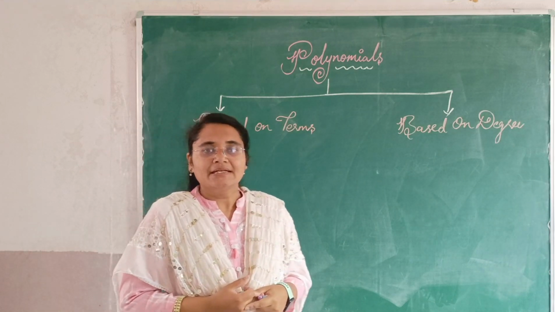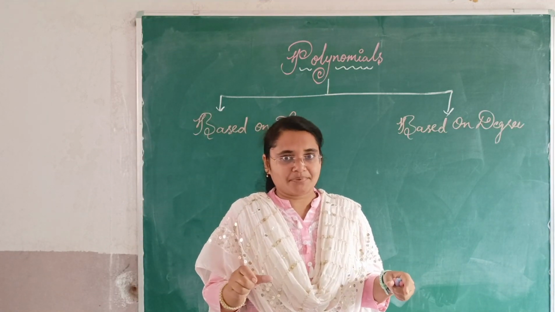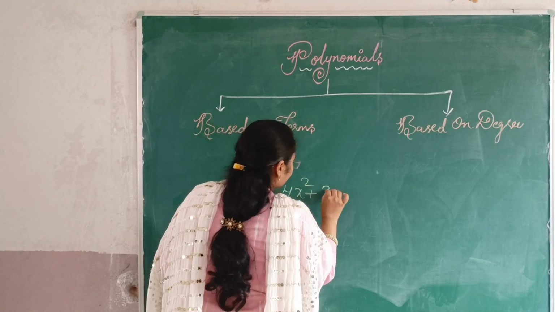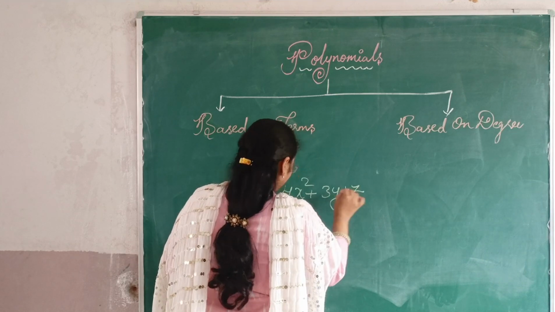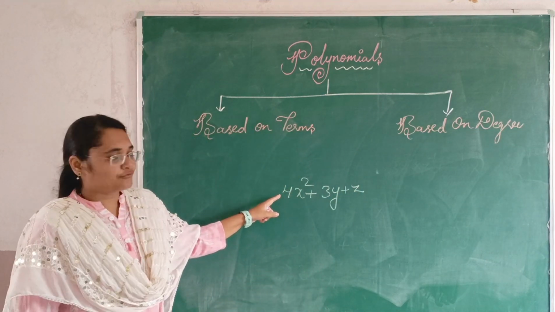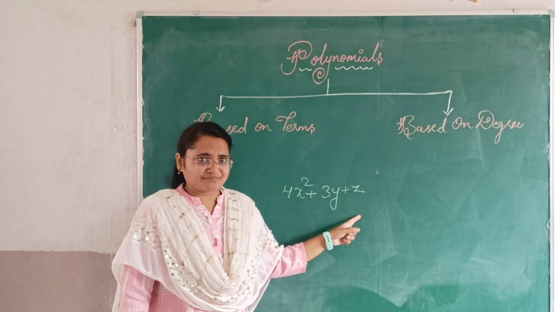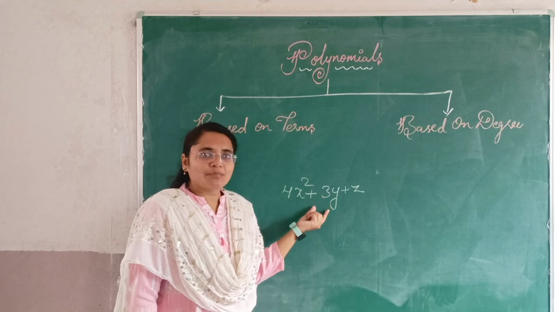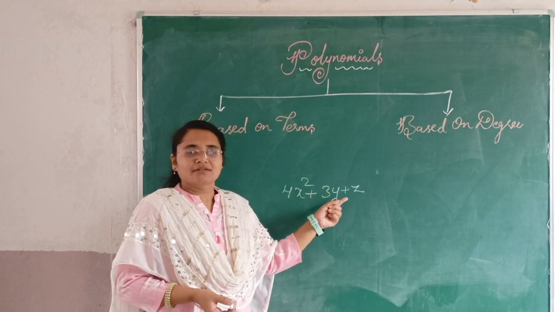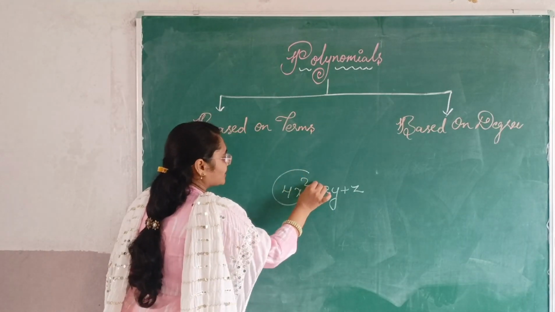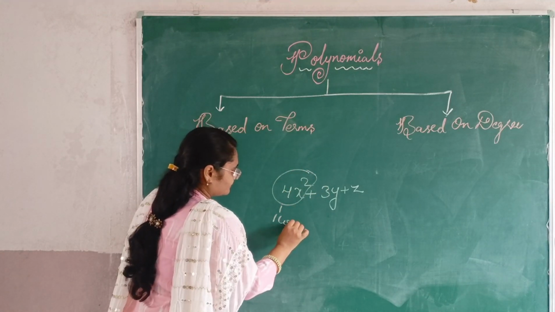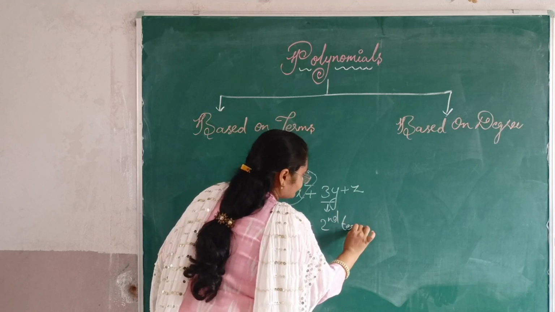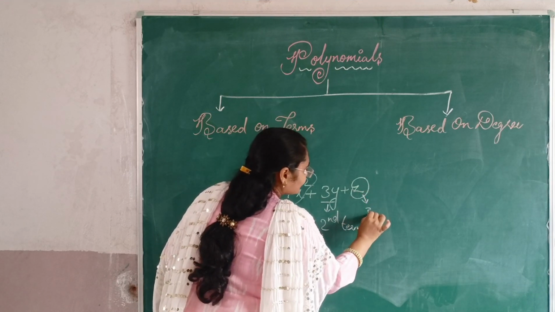what is a term. Term in the sense in an algebraic expression, whenever we are taking an example, 4x squared plus 3y plus z. When you are seeing 4x square plus 3y plus z, here see the basic mathematical operators. So we are having operators. 4x squared is called one term, 3y can be called the second term, z can be called the third term.